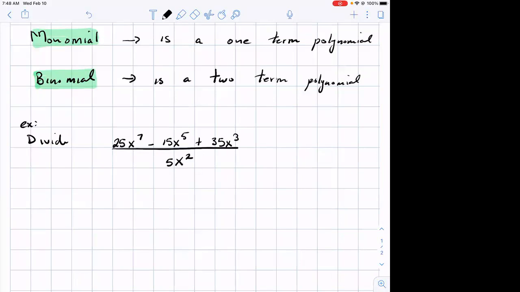So here, your divisor, which is 5x squared, is a monomial.